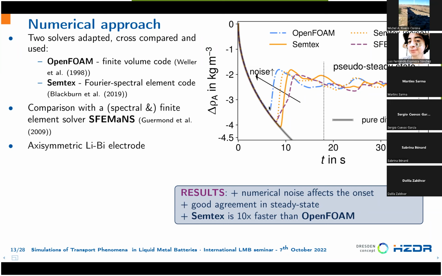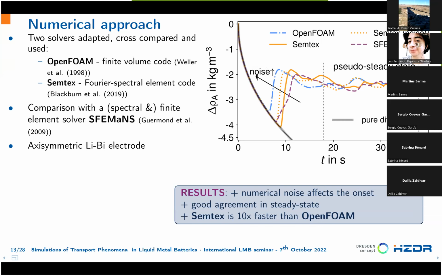So OpenFOAM is characterized by a lot of noise, so the onset takes place earlier. Instead, the Semtex code, that is a spectral element code, is characterized by less noise. And so this noise effect explains the differences here.